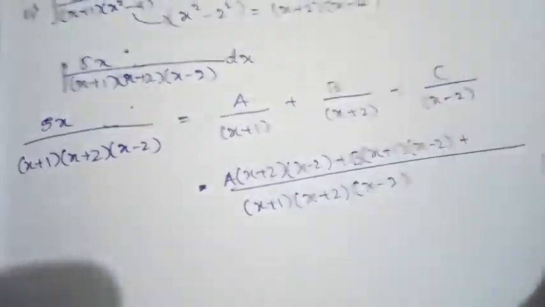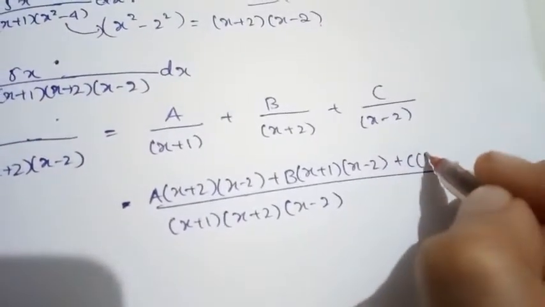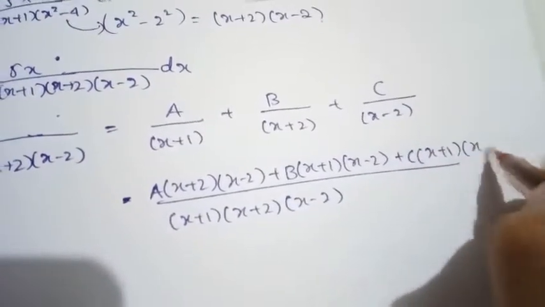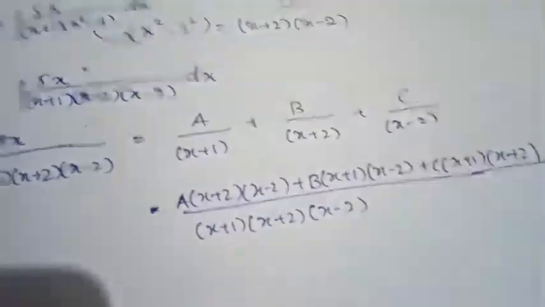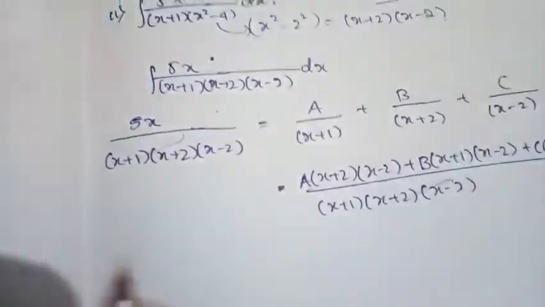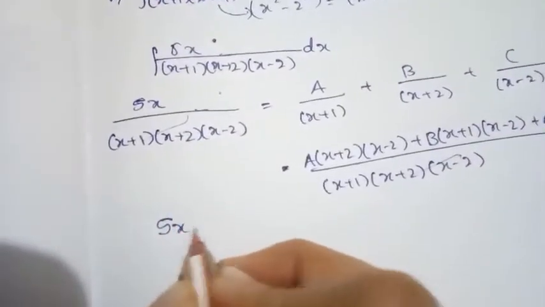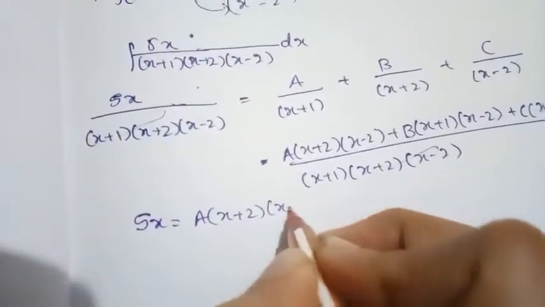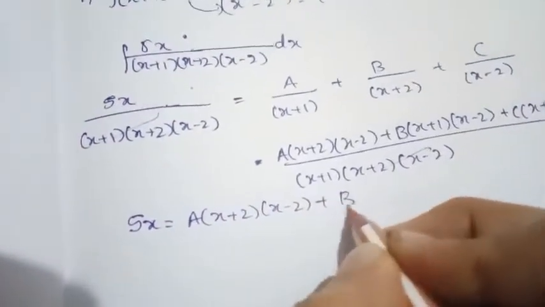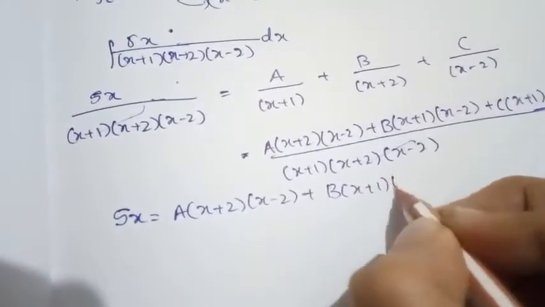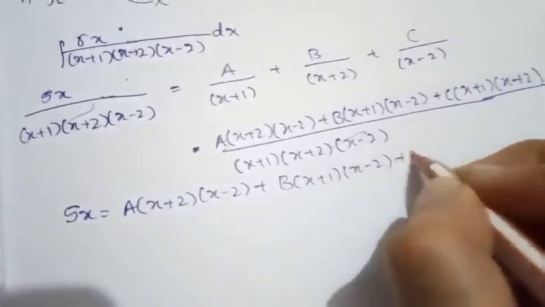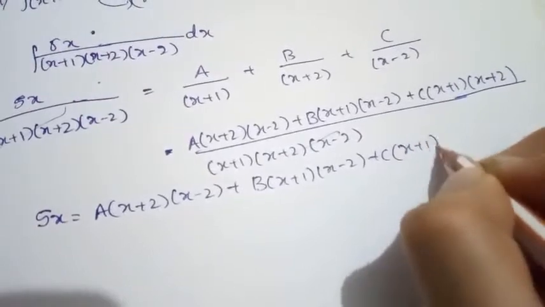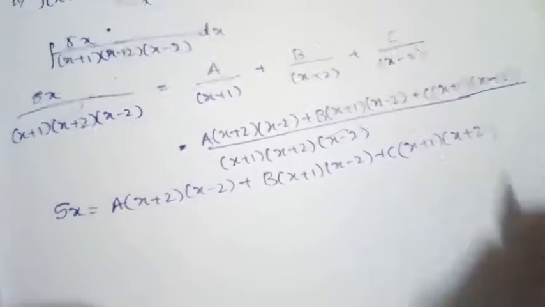For the third term we multiply and divide by (x plus 1) into (x plus 2). So now the denominator cancels out. What is left is 5x equal to A into (x plus 2) into (x minus 2), plus B into (x plus 1) into (x minus 2), plus C into (x plus 1) into (x plus 2).